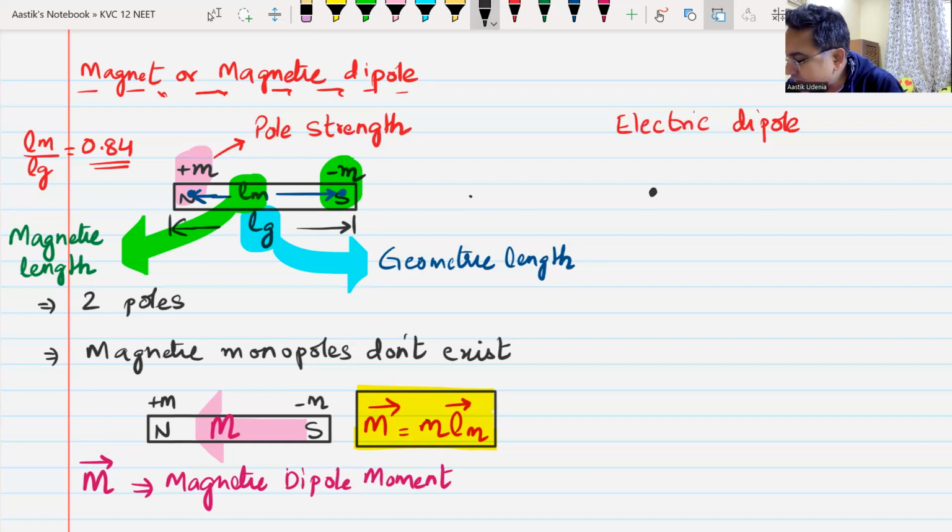And what is an electric dipole? It is a combination of two charges, plus Q and minus Q, separated by a very small distance, D.